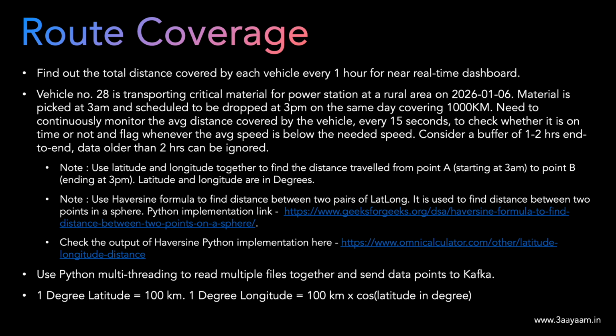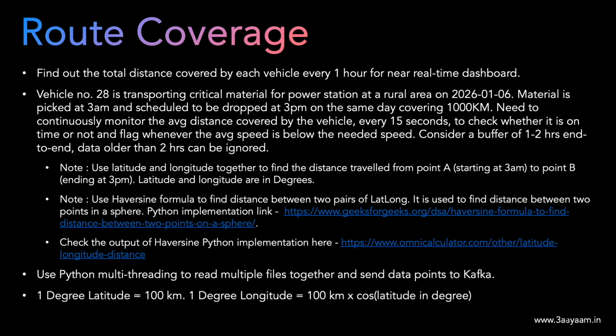The purpose is to continuously monitor the average speed of the vehicle, and that continuous monitoring has to be every 15 seconds. The purpose of this continuous monitoring is to check whether the vehicle is on time or not.